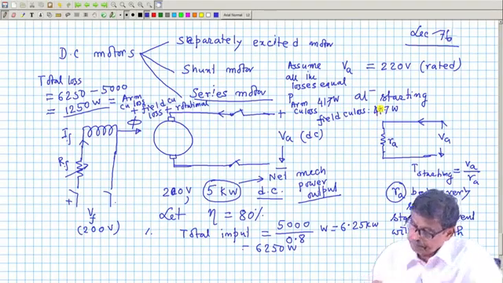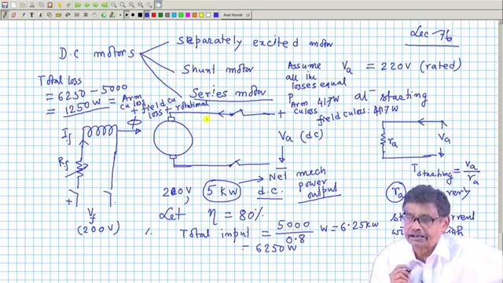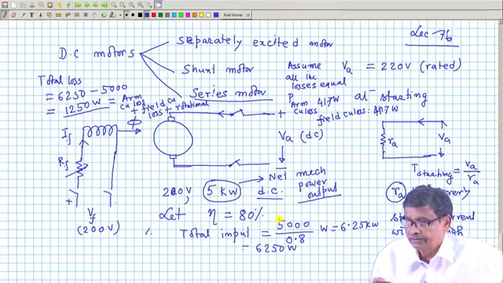Now tell me what will be the rated armature current from this data. The input power minus the field copper loss will be the power coming to the armature.